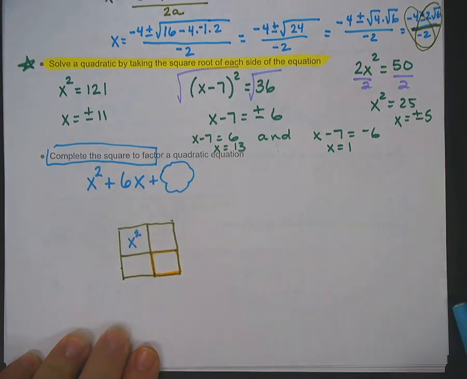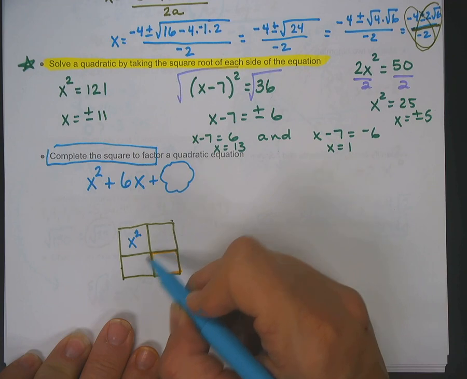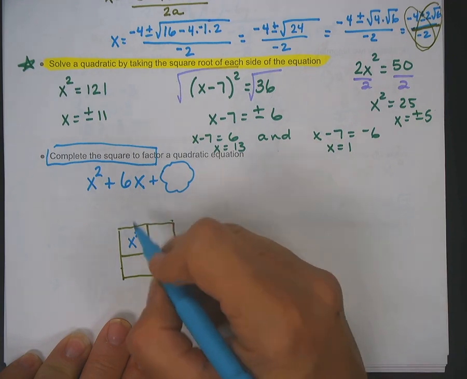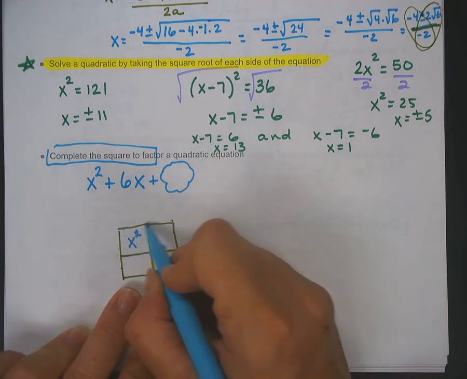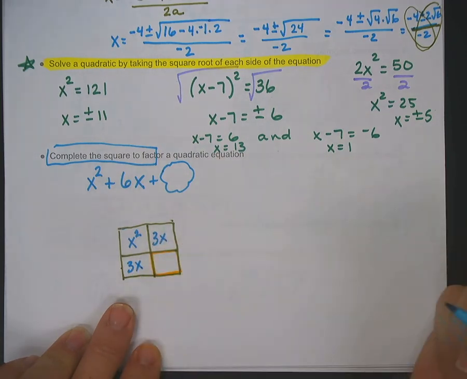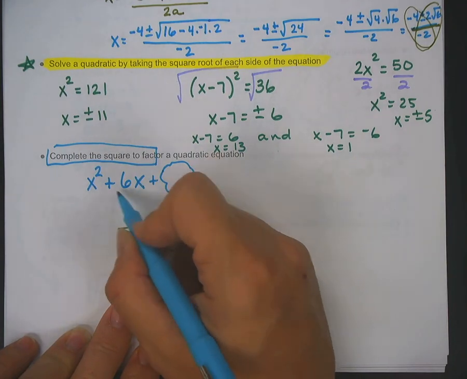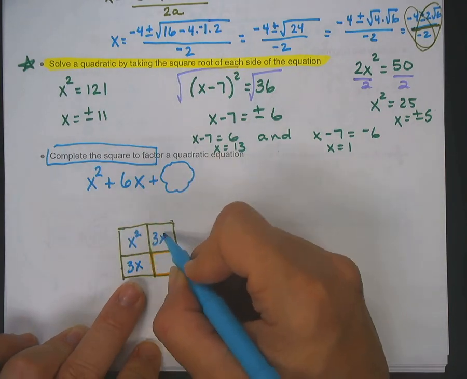That's the idea of completing the square. But we know that these two things have to add together to be 6x. And since we want these dimensions to be the same, we want it to be the same number. So we're going to do 3x and 3x. So you always cut this thing in half to get these two numbers.